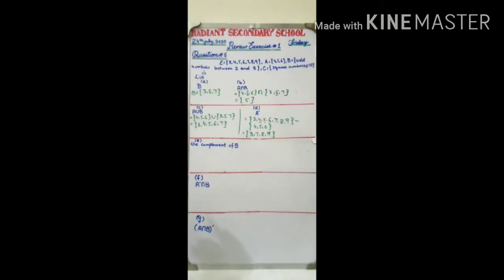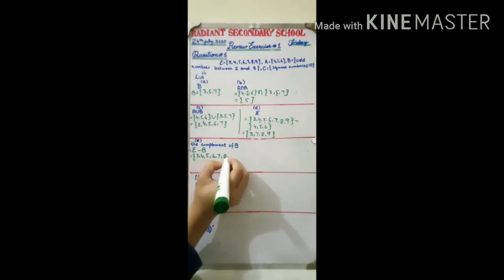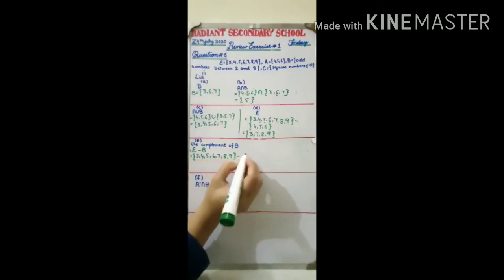Come on E part. The complement of B means we have to subtract B set from universal set. Okay, we have to find complement of B. So write universal set first. Universal set is 3, 4, 5, 6, 7, 8, 9 minus B set.